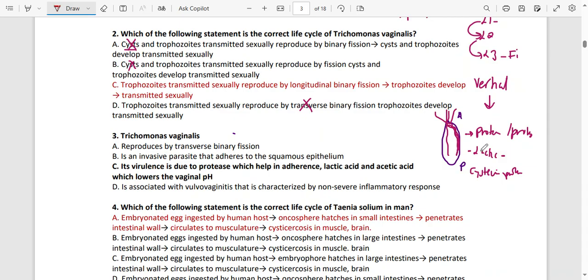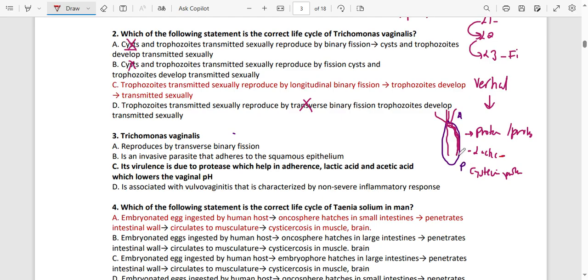Yes. So you know, the pH of the vagina where this guy is going to go is a bit more acidic, but it needs a slightly higher pH, a slightly alkaline pH. Now, this virulence factor that it has, the lactic acid or acetic acid, lowers pH. So I was also trying to think about the science there.